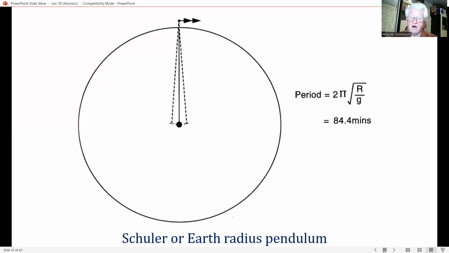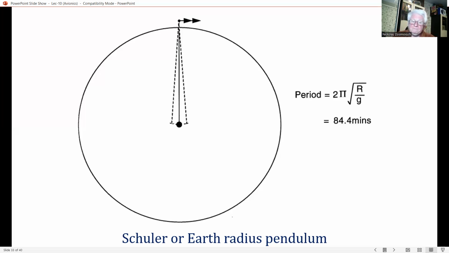Using the accepted values for radius and g gives the period of the Earth's radius pendulum, or Schuler pendulum, that is 84.4 minutes. A simple pendulum of length equal to the Earth's radius is obviously not feasible, right?